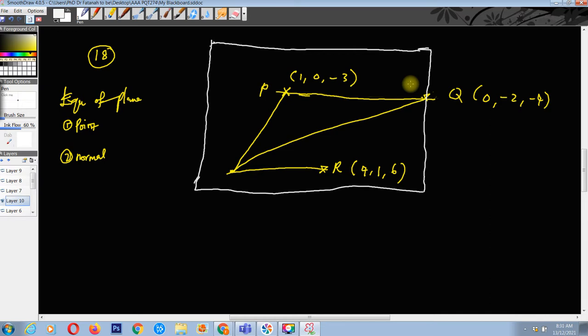If we cross P and Q, we will get a perpendicular, right? We have a perpendicular with R. If P cross Q, we have a normal, one normal.